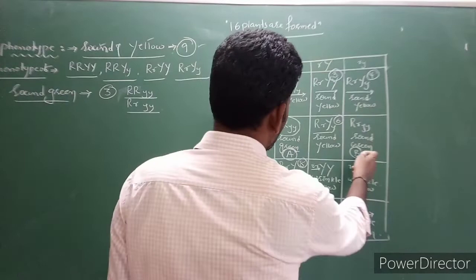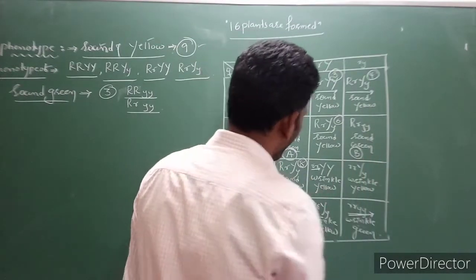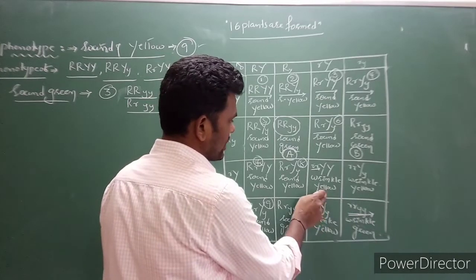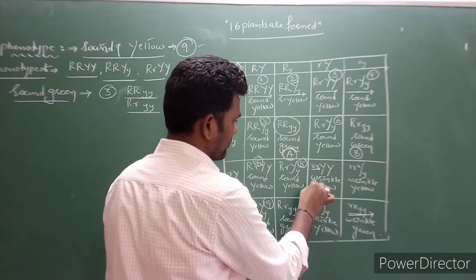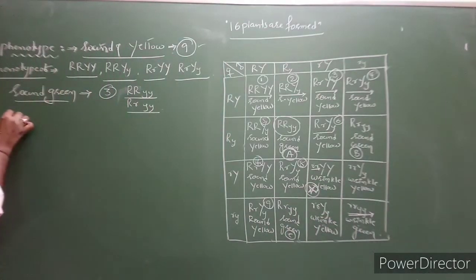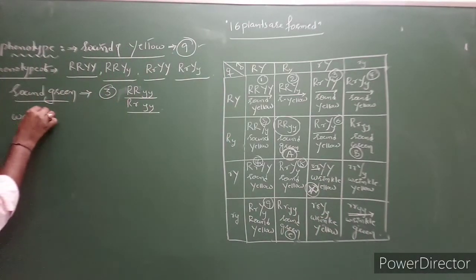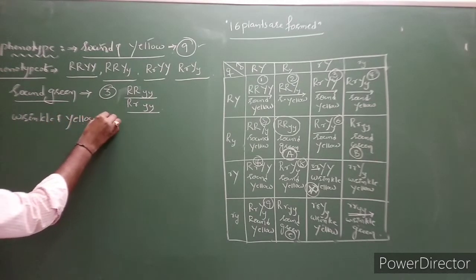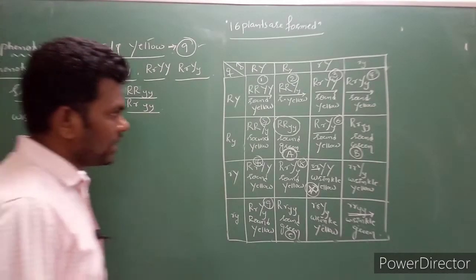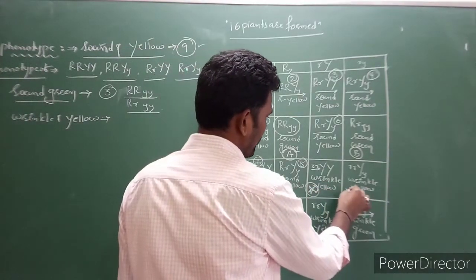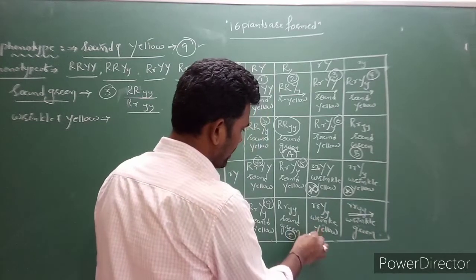The third character is here. Wrinkle and yellow. Wrinkle and yellow, just you have to star mark. Wrinkle and yellow. How many plants are there? Wrinkle and yellow. Wrinkle, yellow, as well as wrinkle and yellow.